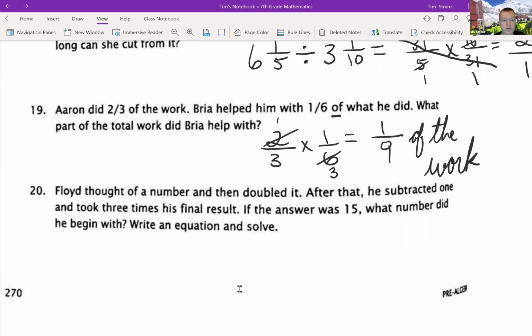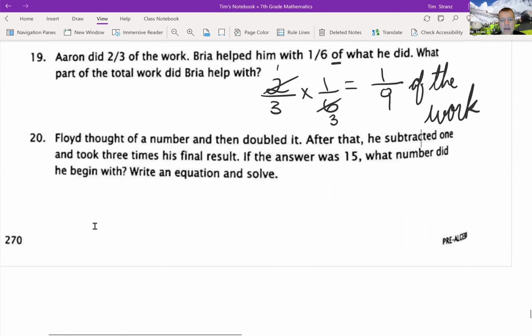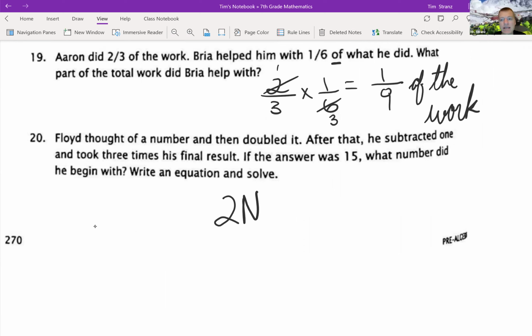And then last one, Floyd thought of a number and doubled it. I'm going to say that number is n, and he doubled it. So that's going to be 2n. After that, he subtracted 1 and took 3 times his final result.